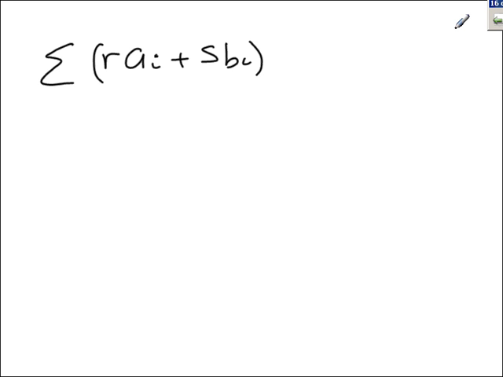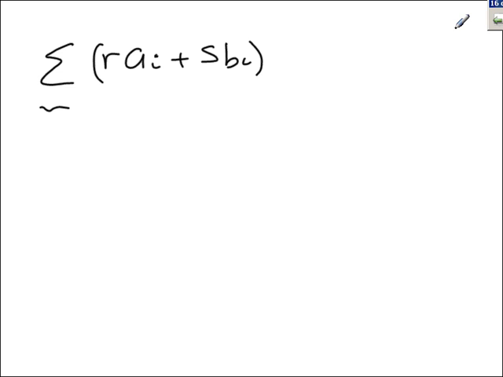And putting these two concepts together, you can have something like this. You have the summation of r times a sub i plus s times b sub i. And I don't care where the i's go from.